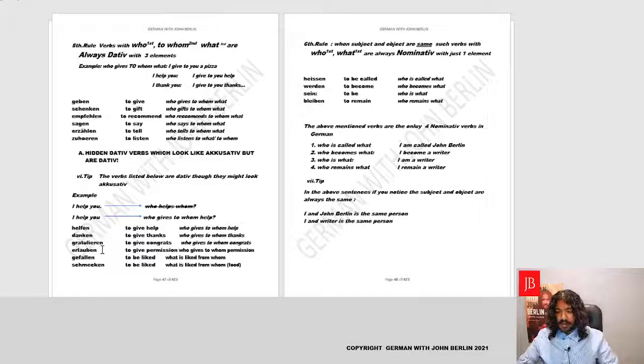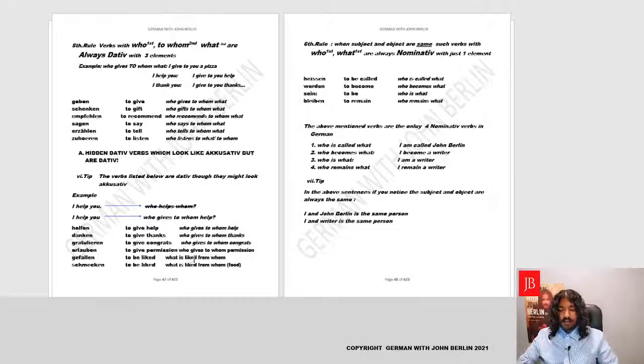Perfect. Moving on, we see gefallen, which means to be liked, and schmecken, which is also to be liked, but especially for food. These are also dative verbs. I'll explain: when you say to be liked, the question is what is liked from whom.